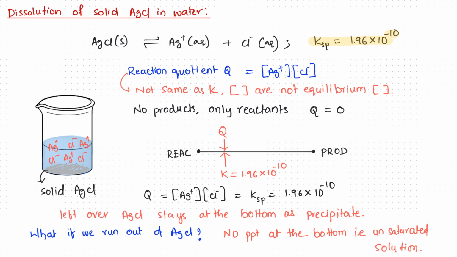It is important to understand that the Ksp is the maximum amount of Ag plus and Cl minus ions that can coexist in the solution without precipitating. In the next slide, we will see what happens if we start the reaction from the product side.